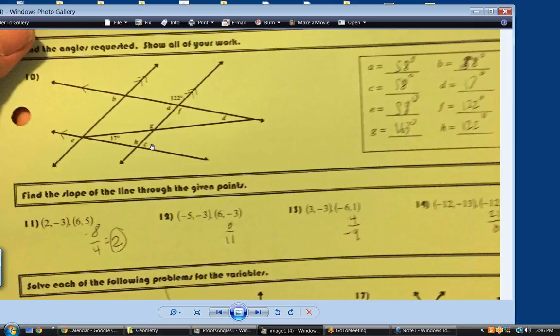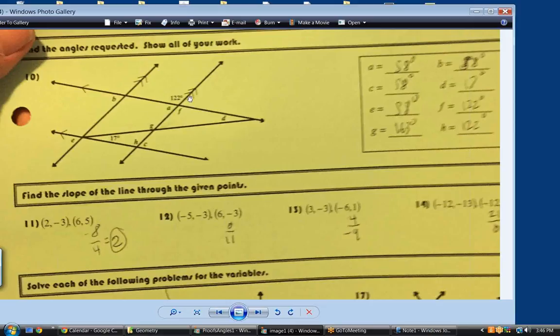58. Now, notice what they've done in this picture. Because they've lent perspective to it, then it's not just a question about finding obtuse or acute angles. It's actually hard to tell whether B is obtuse or acute. I mean, I can tell with A because they've given us 122 there, so 58, that has to be very acute.